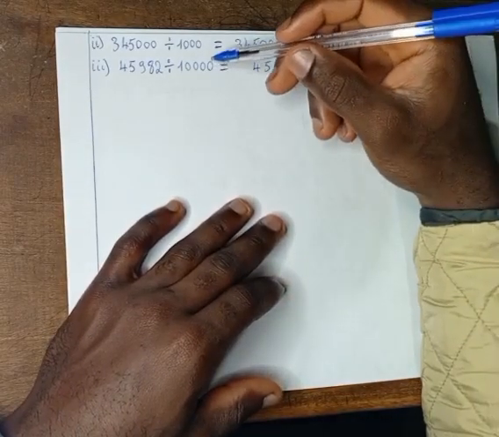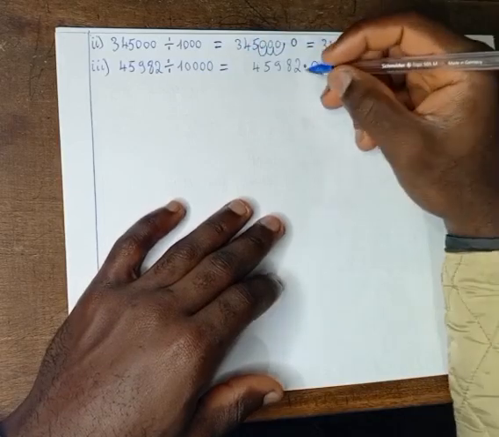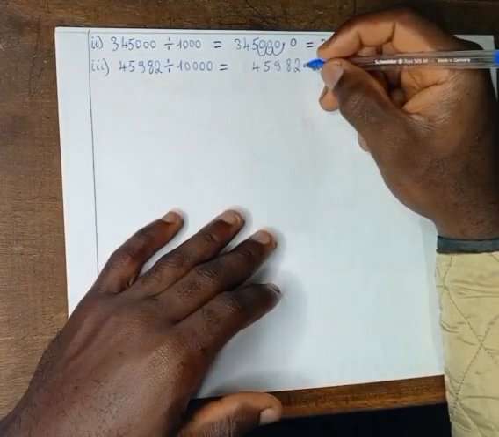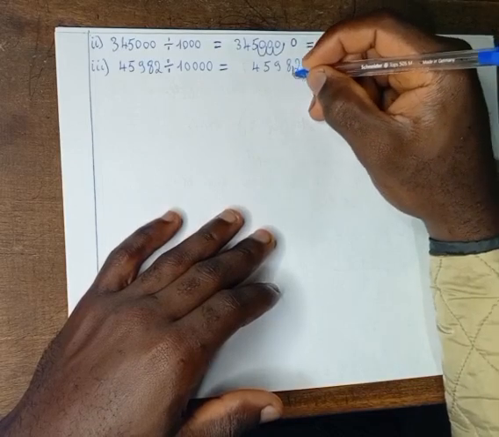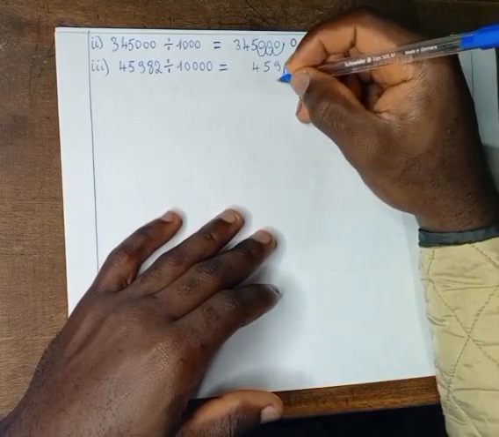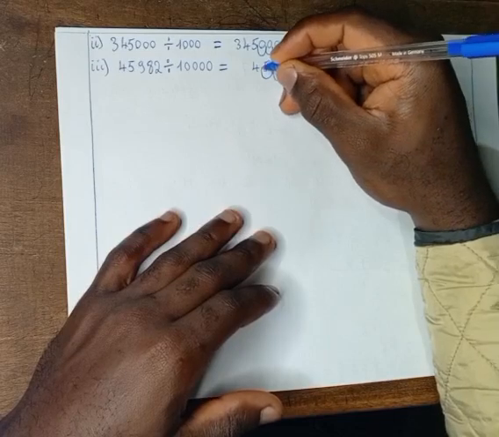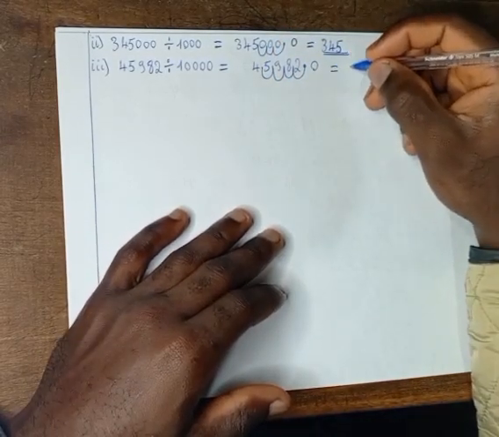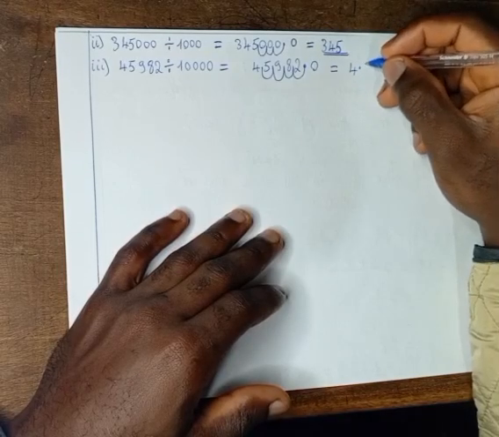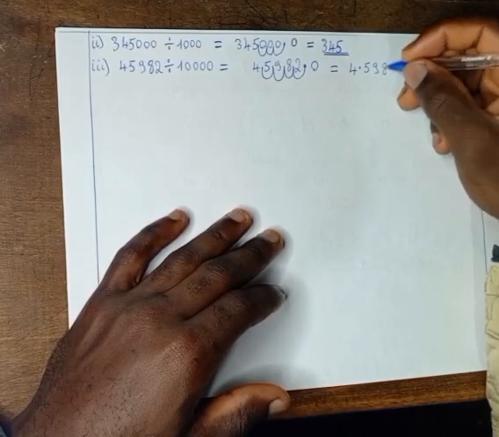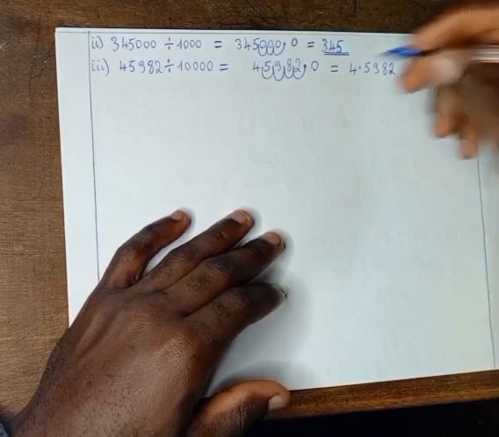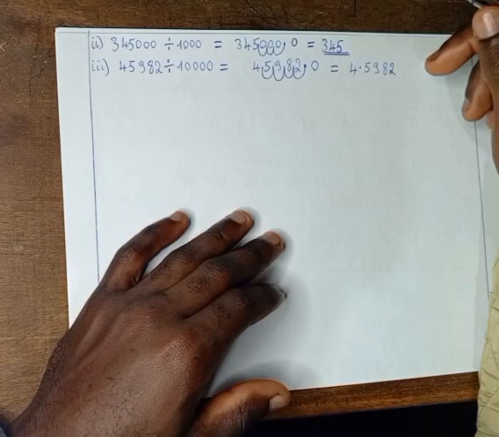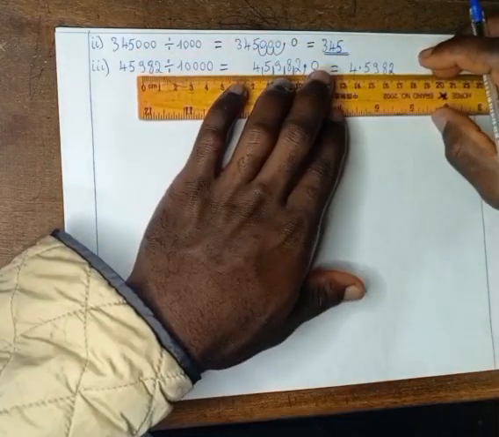Then the power of 10 has 1, 2, 3, 4 zeros. So we are going to move the decimal point 4 places to the left. We are going to move it 1, 2, 3, and lastly 4. So this new decimal point will be here. So this will simply give us an answer of 4.5982. But this 0 will not be included because it has no use. You underline the answer.